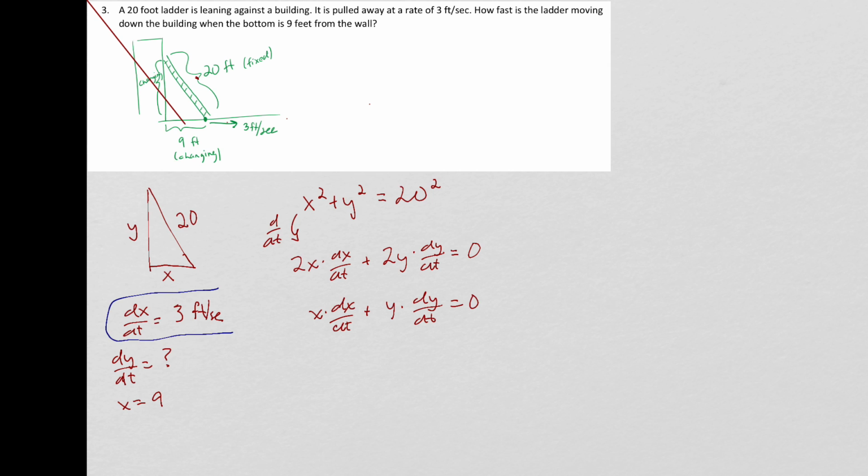We know dx over dt is 3, so I'm going to plug that in. I know x is 9, so I'm going to plug that in there. I don't know y or dy over dt, so we'll figure out what else we need to know. So I get 9 times 3 plus y times dy over dt is equal to 0.